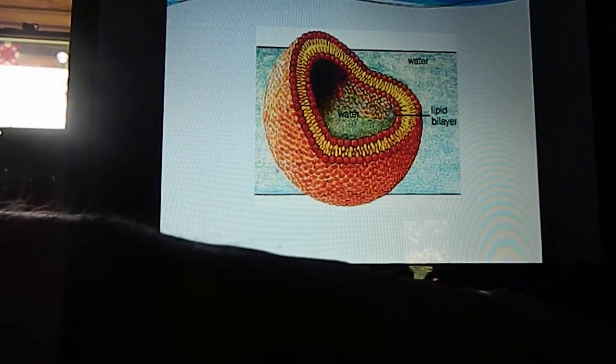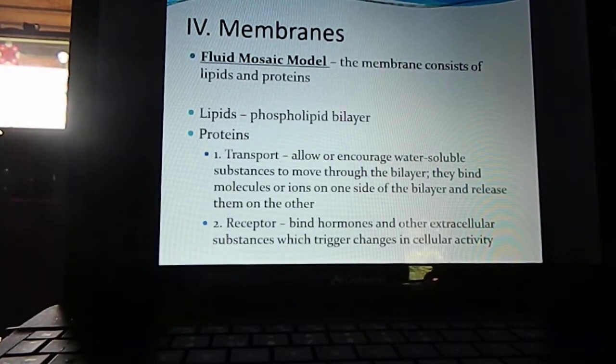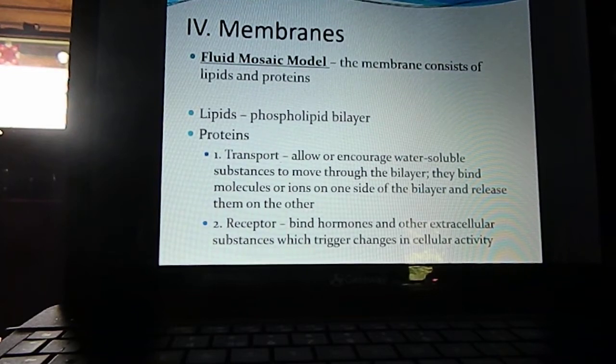So there is this thing called the fluid mosaic model that describes what the membrane looks like. All right, so we know it has these phospholipids, and they're the fluid part because they are hydrophobic and hydrophilic.